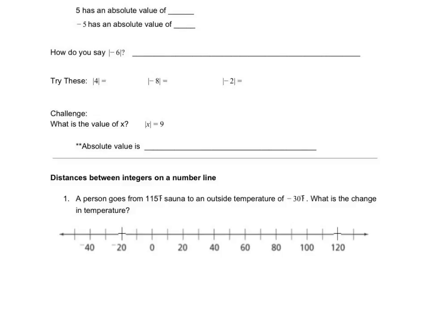I'm going to continue with the example that the book used where a person goes from an extremely hot temperature to an extremely cold temperature. So question 1 says the person goes from a 115 degree sauna to an outside temperature of negative 30 degrees. What is the change in temperature?